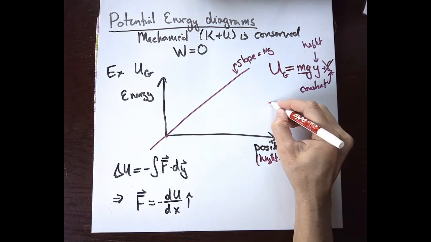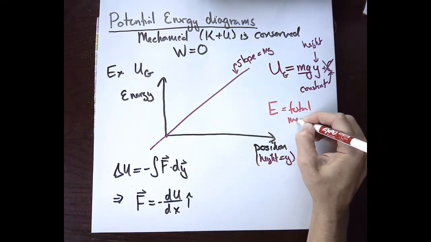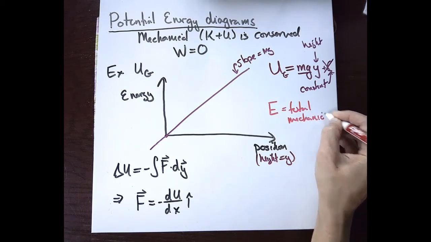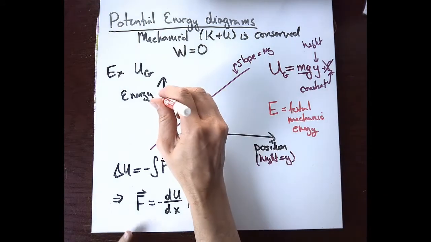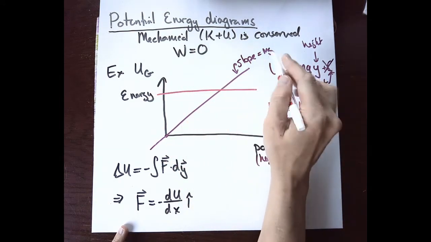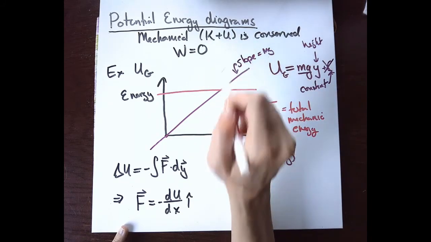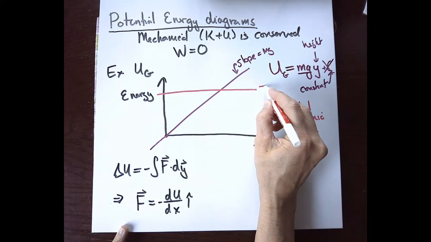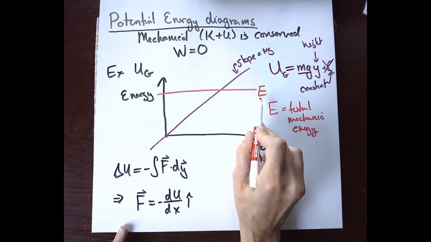Now let's make the total energy E. Just give it some value. So it'll be constant. That's what conserved means. It means the total number, when you add the kinetic and the potential energy, it's equal to some constant. So that is our constant energy.